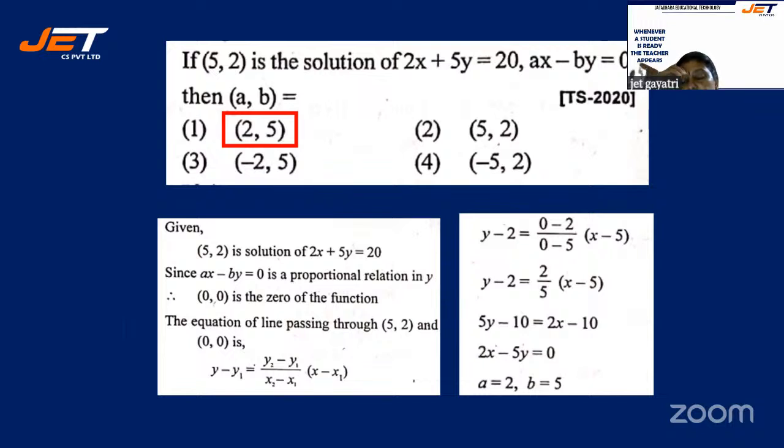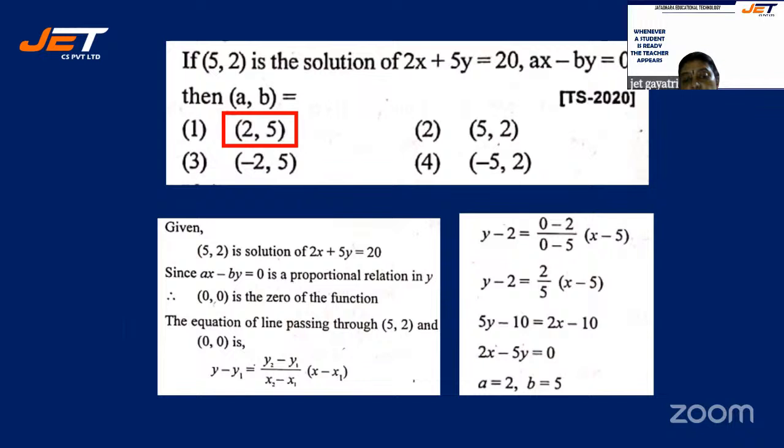We have learned it in the slope formula. y - y1 = (y2 - y1)/(x2 - x1) into (x - x1). Right? So y - 2, you just have to substitute the values of x and y. 5 is x1, 2 is y1.